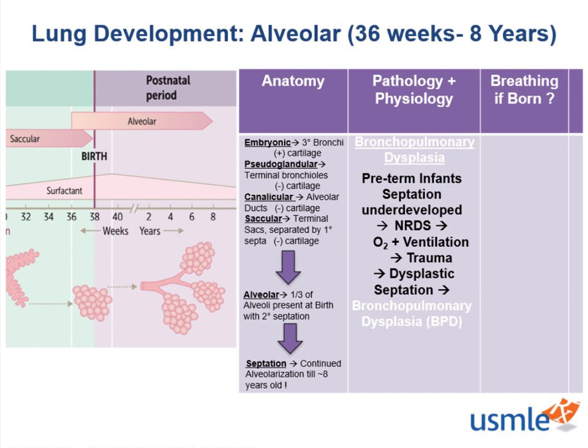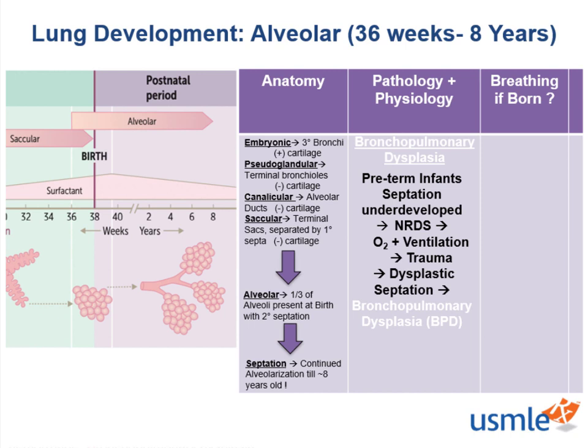You must understand that oxygen is a drug when it is administered in the healthcare setting, as it can create free radical damage. Additionally, mechanical trauma to the lungs occurs due to ventilation, ultimately leading to dysplastic or abnormal septation of alveoli and ultimately bronchopulmonary dysplasia.